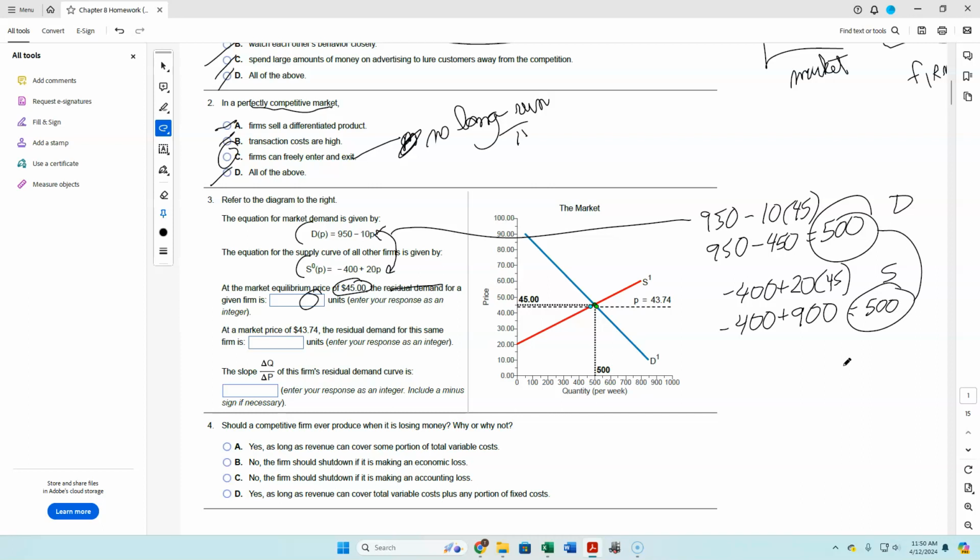And then essentially we just need to resolve this. Again, everyone's is going to be different. It does it algorithmically, but what you need to do is substitute whatever price it gives you here into both functions. So in my case, I would do 950 minus 10 times 43.74, and I would do negative 400 plus 20 times 43.74.